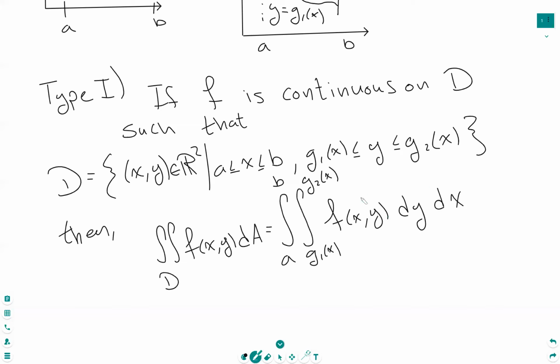Because let's kind of look through the logic of this. If I look at this inner integral right here, I'm integrating with respect to y, so all x's are constants. But when I plug in these bounds, these are functions of x. So I get rid of all of the y's and I plug in functions of x.